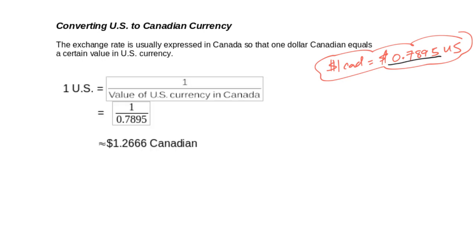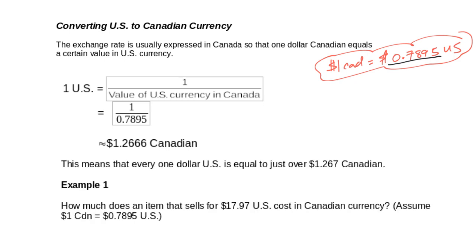So in order to change 1 US into Canadian, what we have to do is take 1 divided by the value of US currency in Canada, which is our 0.7895, right? And 1 divided by 0.7895 gives us approximately 1.266 Canadian dollars. Now, this means that for every one US dollar, it costs about $1.267 Canadian.